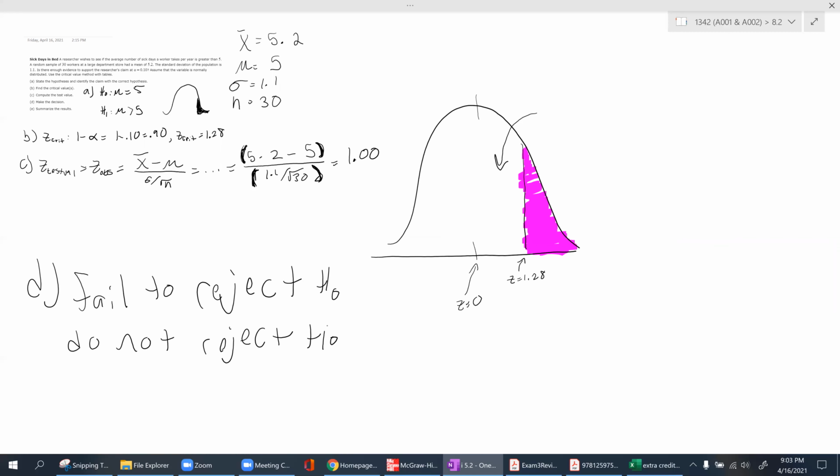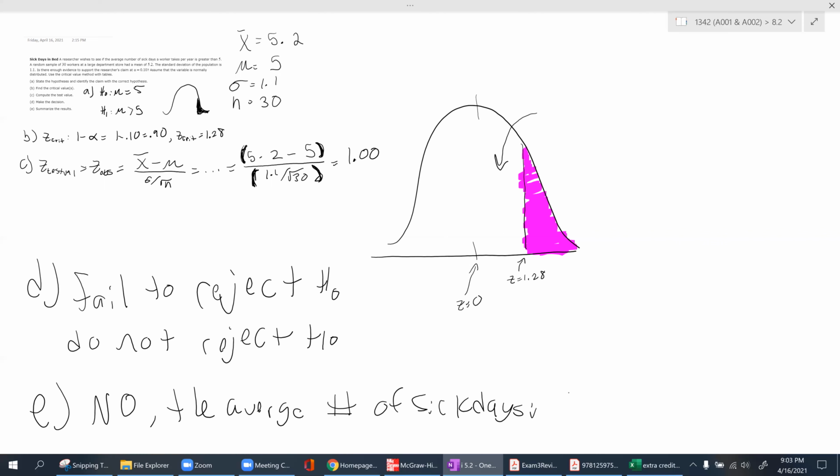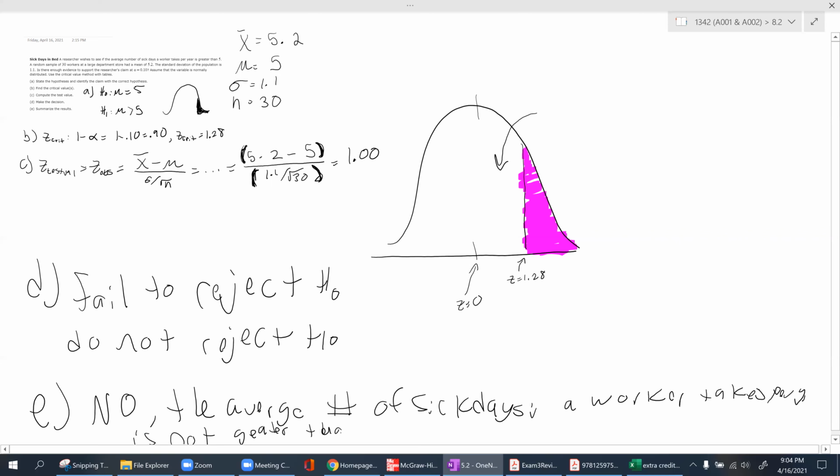So that means you're going to answer no to the question. The question asks if the average number of sick days a worker takes per year is greater than 5. So for E, you would say no, the average number of sick days a worker takes per year is not greater than 5.